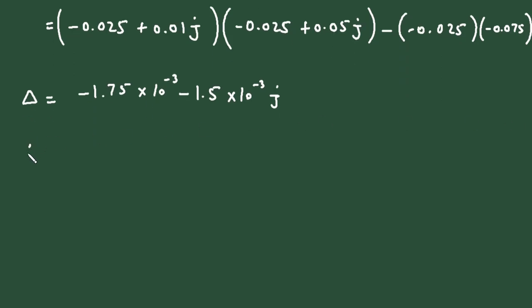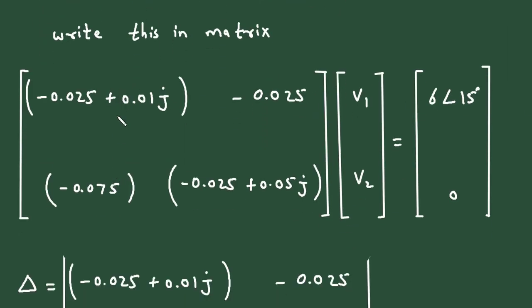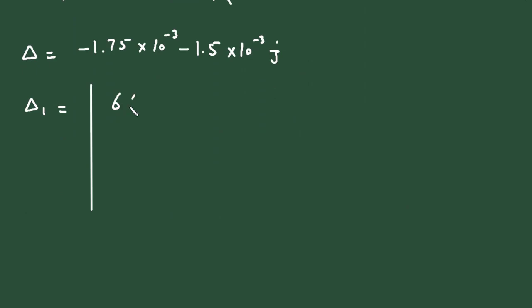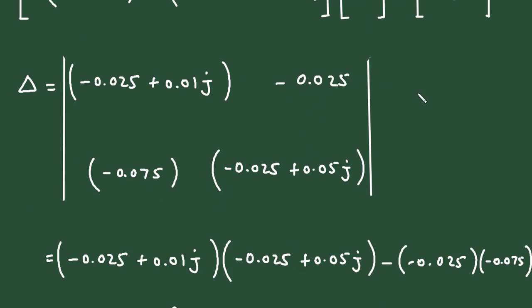Next we have to find the value of delta 1. So to get the value of delta 1, we have to replace the first column with this value, 6 at an angle 15 degree, 6 at an angle 15 degree, 0, and this column will remain same.